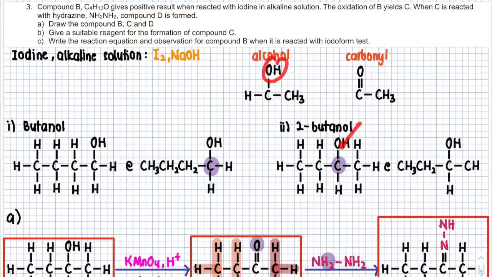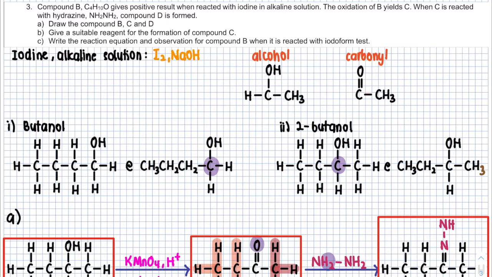It does contain OH. Does it contain hydrogen? Ada hydrogen dekat sini. Okay, does it contain CH3? Ada CH3 dekat sini. So this is actually for the B, so the compound B is 2 butanol. Okay. So the tricky part dia dekat situ je lah, kat sini. Okay, tapi yang mostly adalah soalan yang kita familiar.